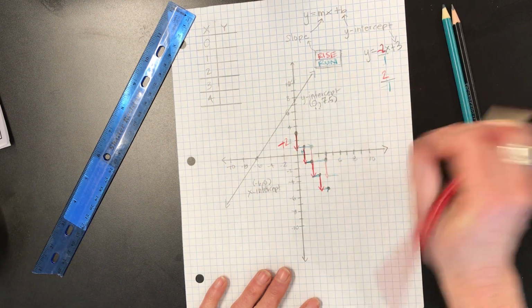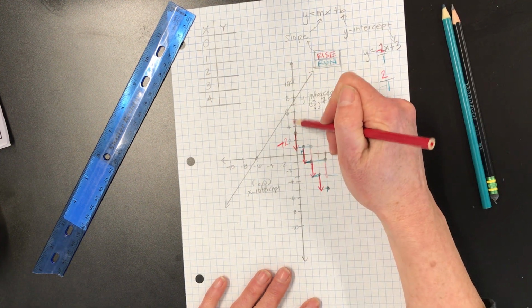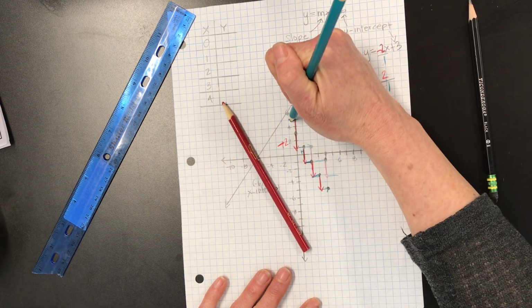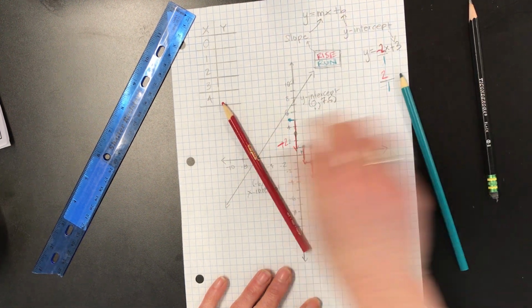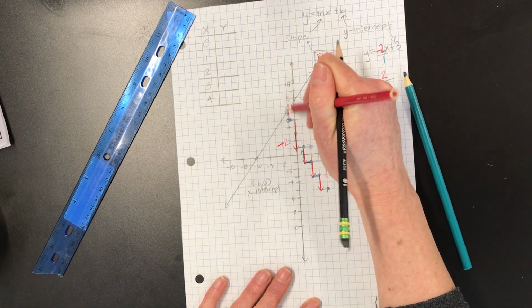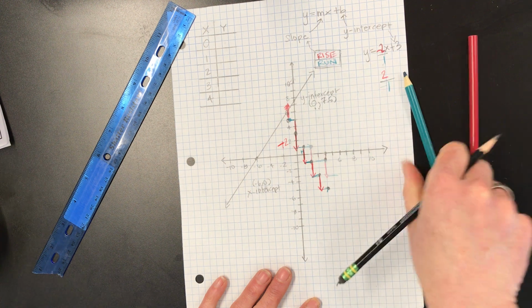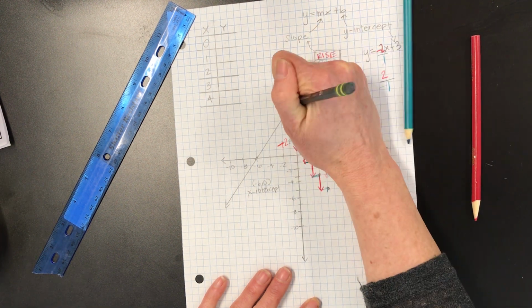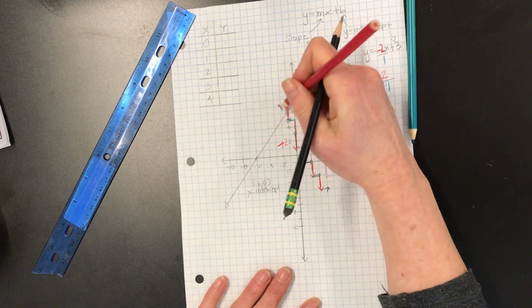So if I wanted to go +2 in my rise and -1 this way, well, I'm still going to maintain that same slope. So now I'm going +2 rising and -1 running, and I end up again on that same line.